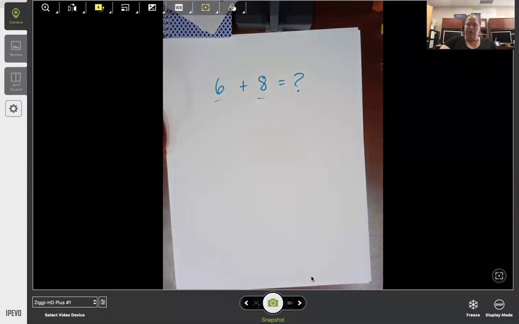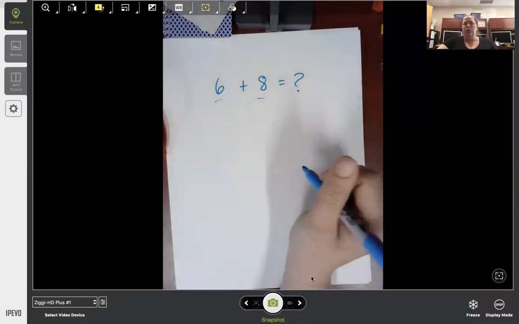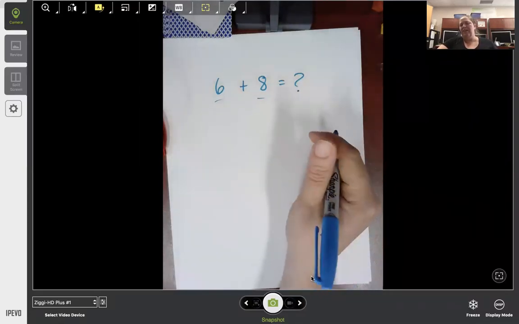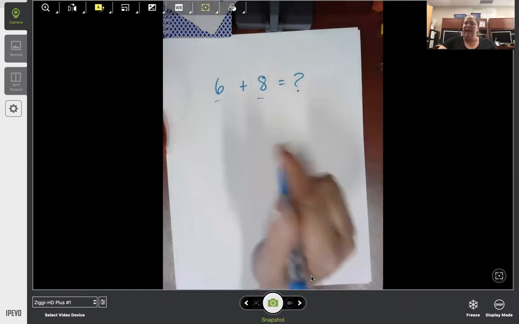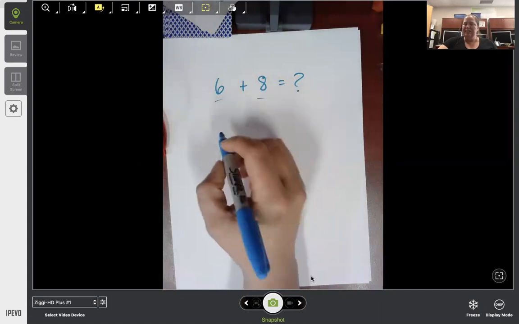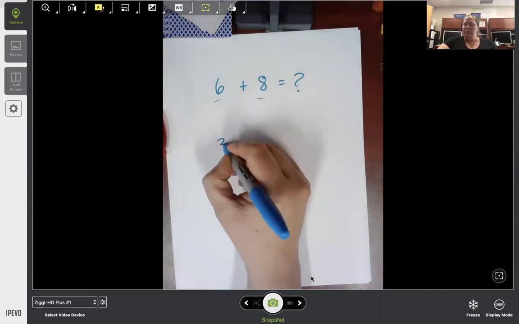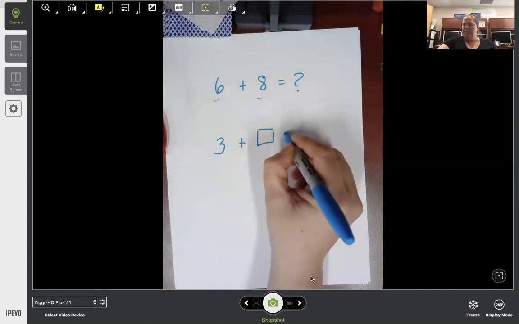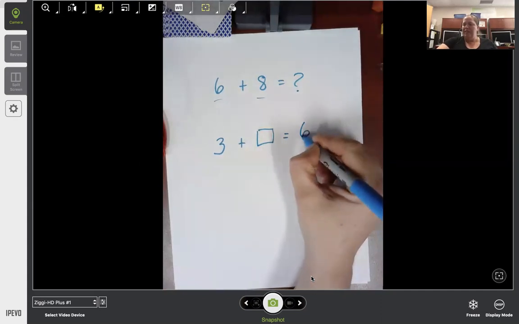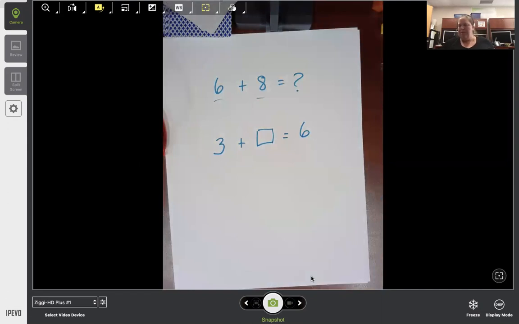But if I was working with a student who I was just trying to get them in on working with the numbers, I might ask them something like, if you have 3 goldfish and I give you some more, and now you have 6, how many goldfish did I give you?